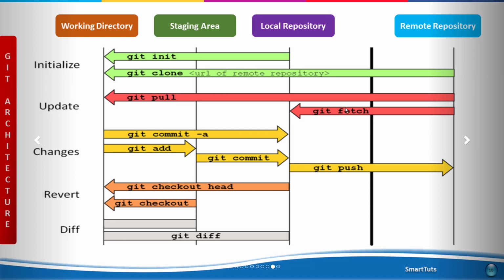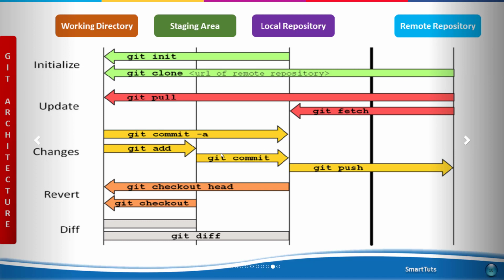It will update your local repository with respect to the remote repository. Where it works is when you are working collaboratively: developer 2, your friend, makes some changes and commits them to the central server, and you want the changes to be present in your local repository, so you do git fetch. Okay, this is how you will communicate with the remote repository.